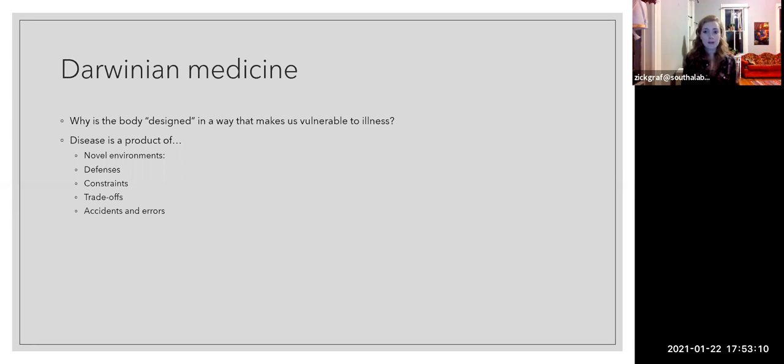It can be a product of actually evolved and adaptive defenses that our body has developed to help protect us against predators, against danger from the environment, or against disease and pathogens. It can be a product of constraints. So there are just some things that the human body physically can't do, that the human brain physically maybe can't process, because we're flesh and blood biological machines.